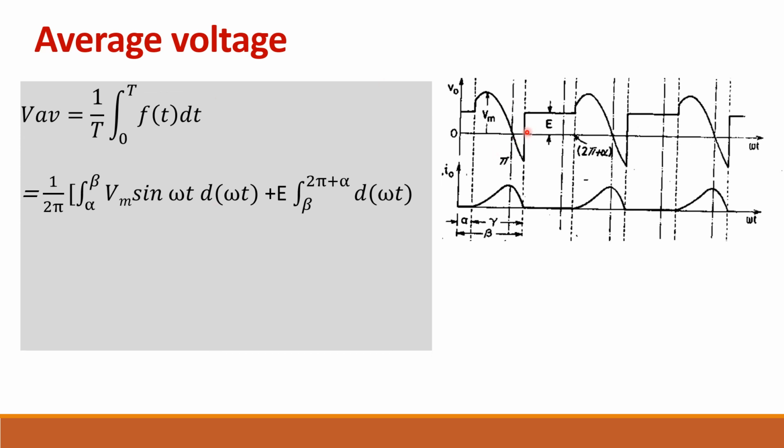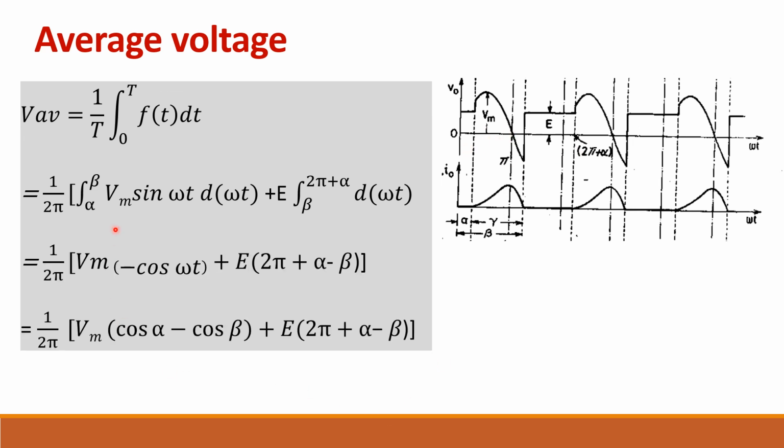From beta to 2 pi plus alpha, it is E. Instead of taking 0 to alpha, I have taken 2 pi to 2 pi plus alpha. You can take it either way and you will get the same result. If you solve this, it is very easy, and you will get this equation.